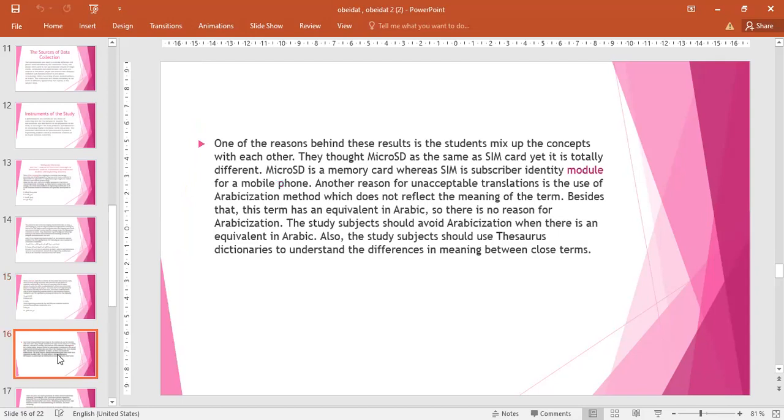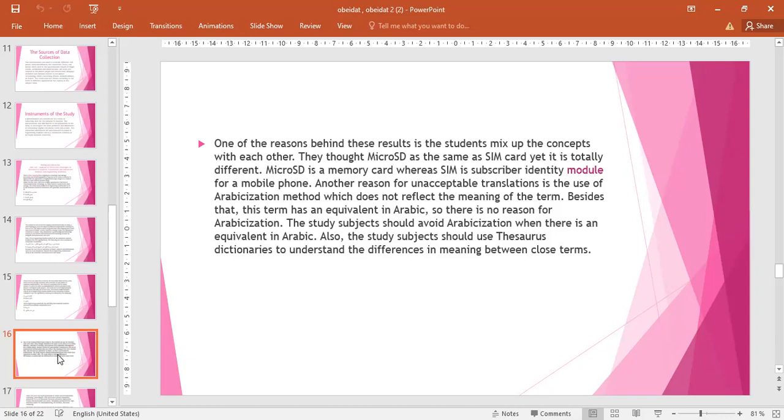One of the reasons behind these results is that the students mix up the concepts with each other. They thought micro SD was the same as a SIM card, yet it is totally different. Micro SD is a memory card, whereas SIM is a subscriber identity module for a mobile phone.